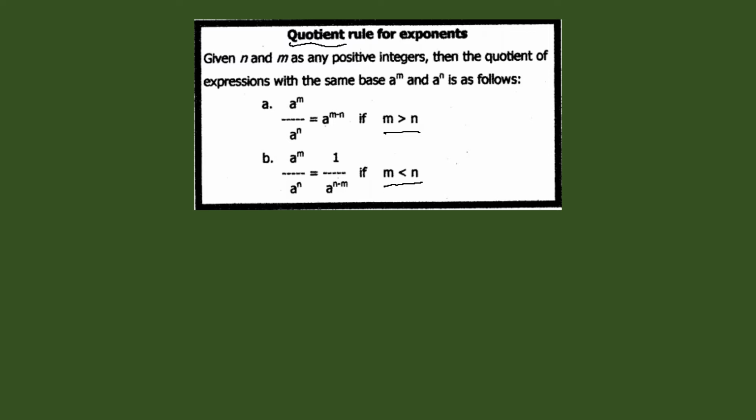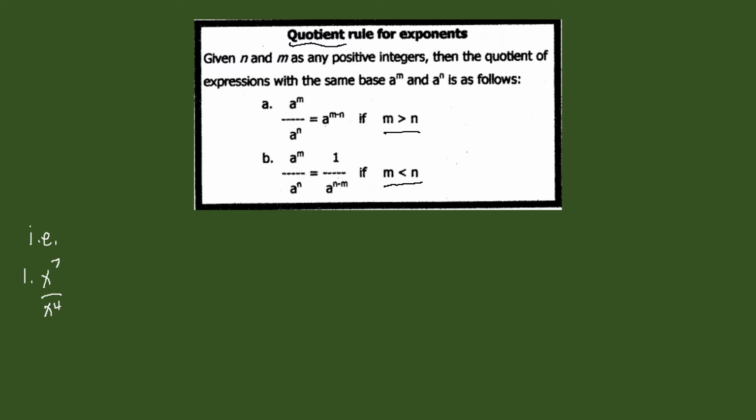So let's have an example. Supposing we have x to the 7th over x to the 4th. So this line signifies division.